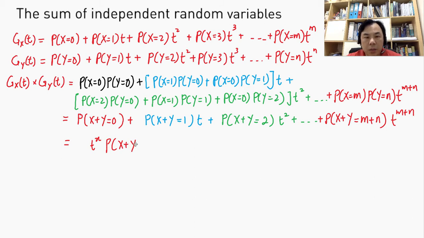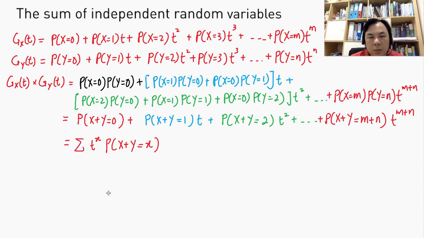So P of x plus y is equal to the certain sum here. So here I'll write it down as, let me see, yep, x. Should I use x here? Maybe I should write as x plus y then. Okay, it should look something like this.